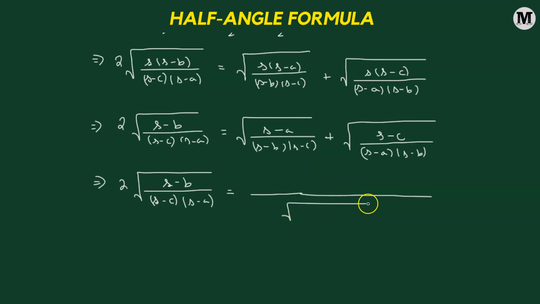Our common denominator is going to be the square root of s minus a times s minus b times s minus c, and in the numerator, we have s minus a added to s minus c.